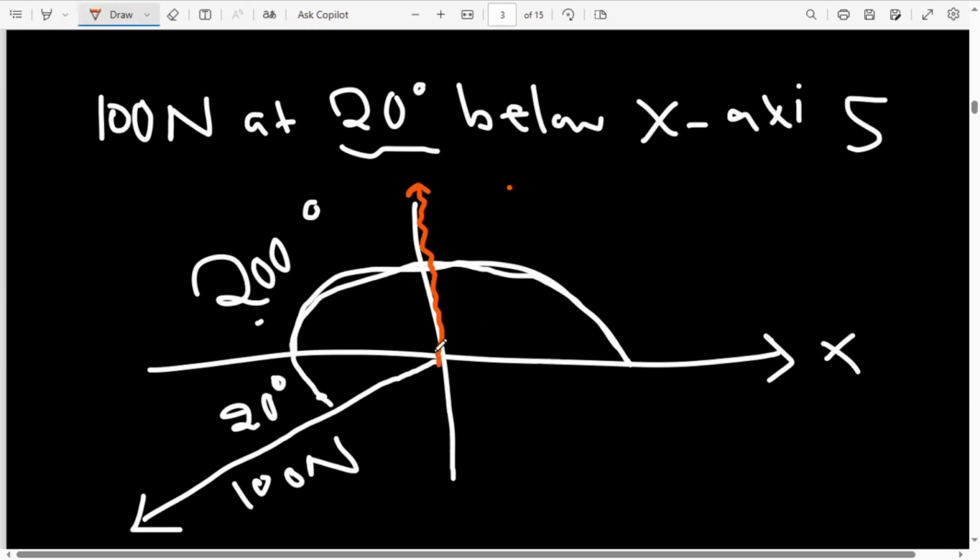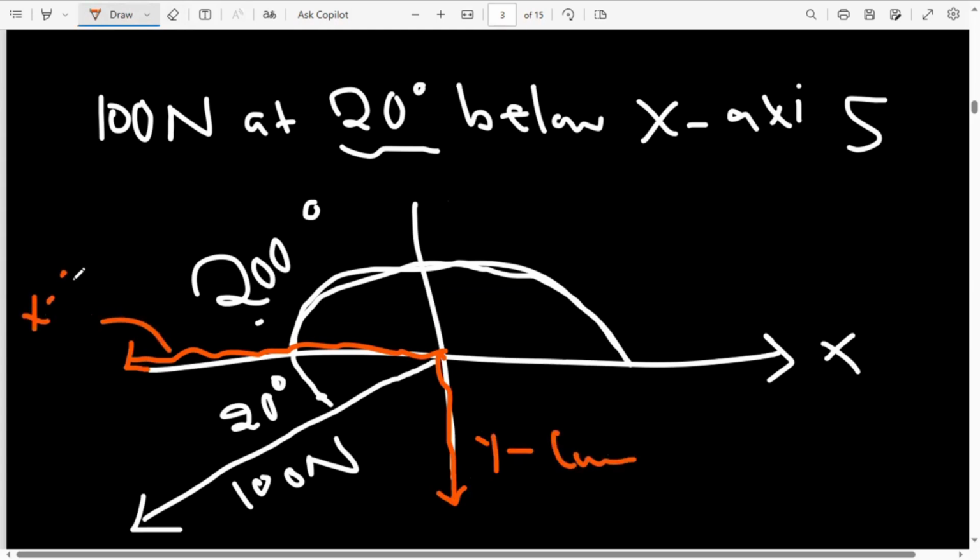I wasn't supposed to go up there, I was supposed to go down. So this here will be our y component, and this one here is our x component.